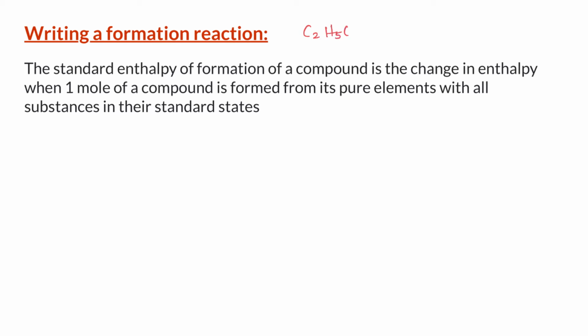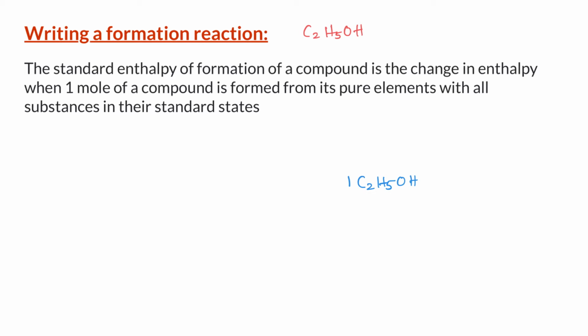C2H5OH. Again, according to the definition, 1 mole of ethanol must be formed from its elements in their standard states. So, I place 1 mole of ethanol on the product side. An ethanol molecule contains carbon, hydrogen, and oxygen atoms.